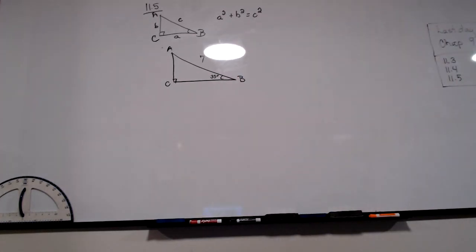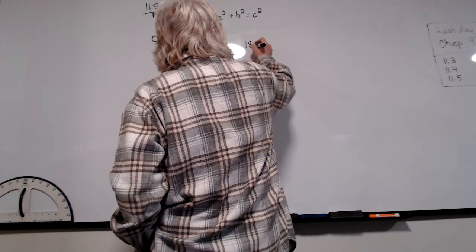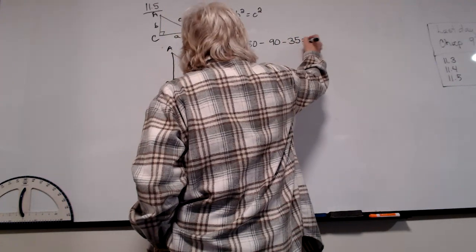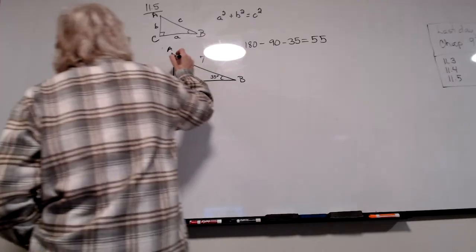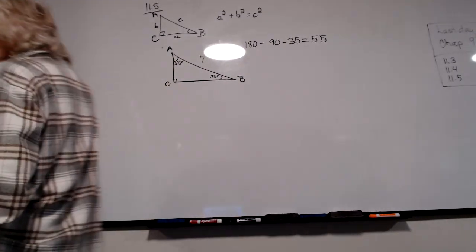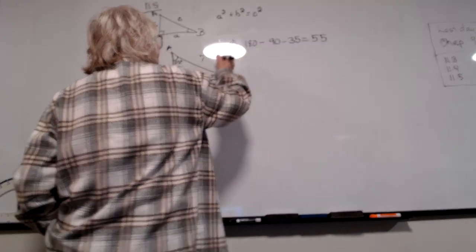What is the other angle going to be? 45. Nope. 55. We have to, because a triangle always adds up to 180 degrees. We know that there's 90 degrees and 35 already, so if I take those two away, I end up with 55 degrees. So always, if you have two of the angles, find the third angle. That's always a first step, okay?